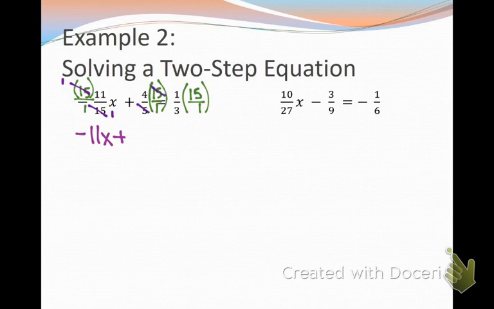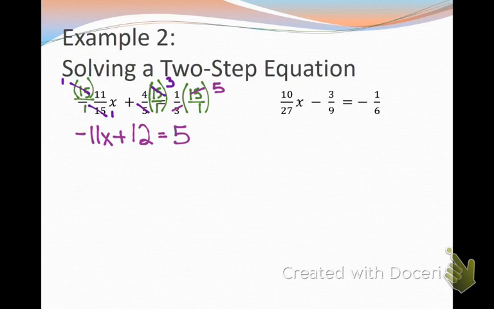So 5 and 15 reduces down to 3. And what is 4 times 3? 12. So now it's plus 12. Equals, what do 3 and 15 reduce down to? 1 and 5. So now I've successfully canceled out all my denominators, and now I'm left with a standard two-step equation.